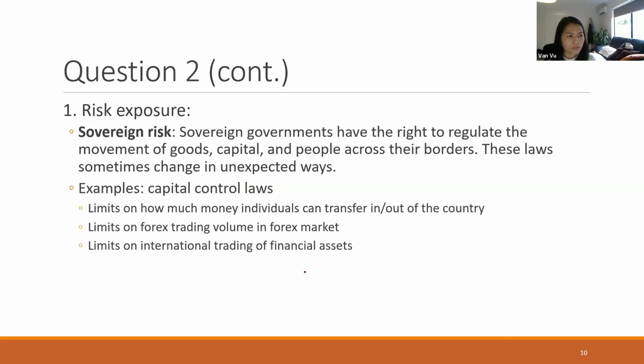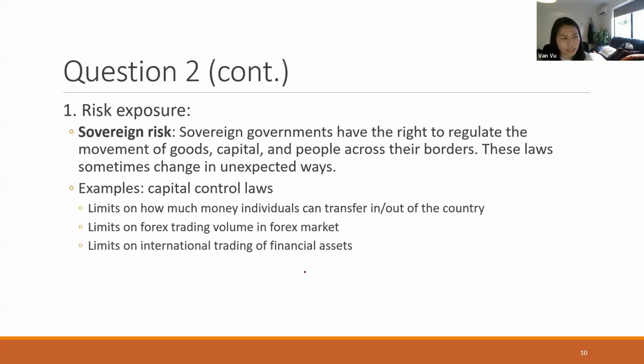Typically, for a free-capital country, say the US or Australia, these laws are very little used. You don't really see these laws much in Australia or in America.